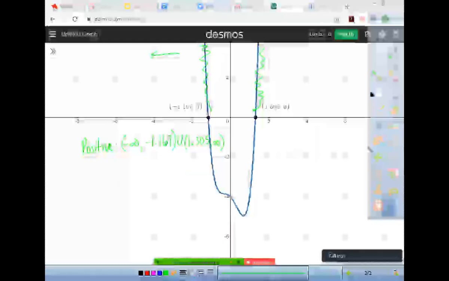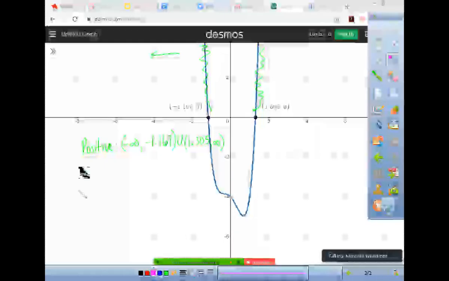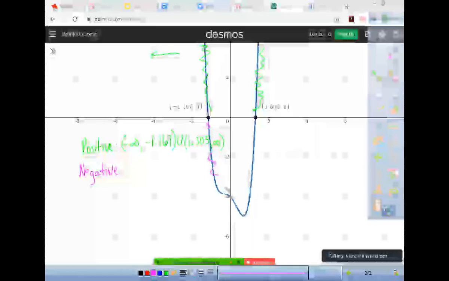And then we've got the negative piece, where it is below the x-axis. And that is all this right here, which is negative starting at this point, negative 1.167. And it's negative all the way over to right here, which is 1.305.